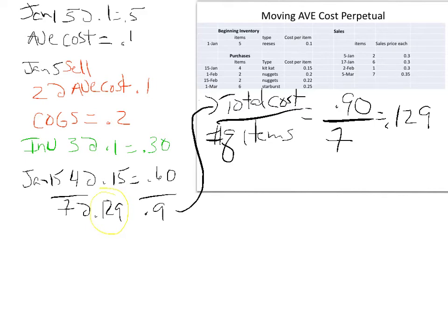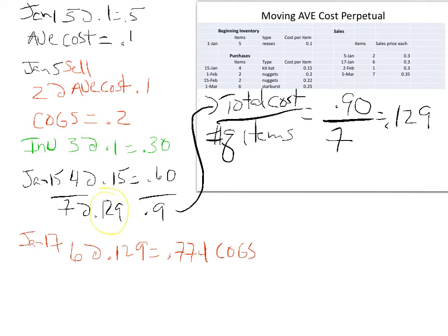So now let's switch back to red because we're going to sell something. So on January 17th, we sell 6, and we use that average cost at 0.129. And so that gives us cost of goods sold for right then of 0.774. Cost of goods sold. Okay? And so then we'll switch colors.